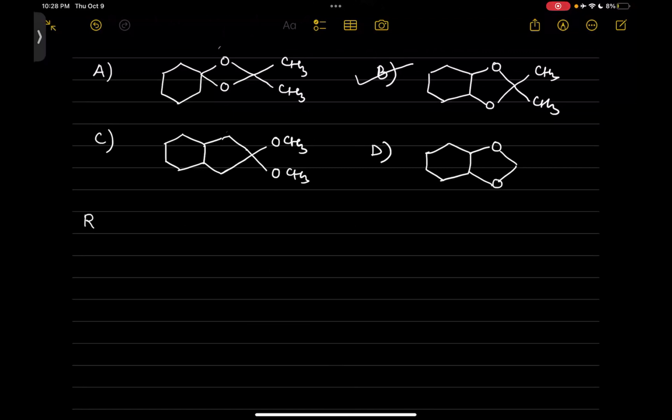Okay, but the thinking is the same. It is the reaction between NH2Z.